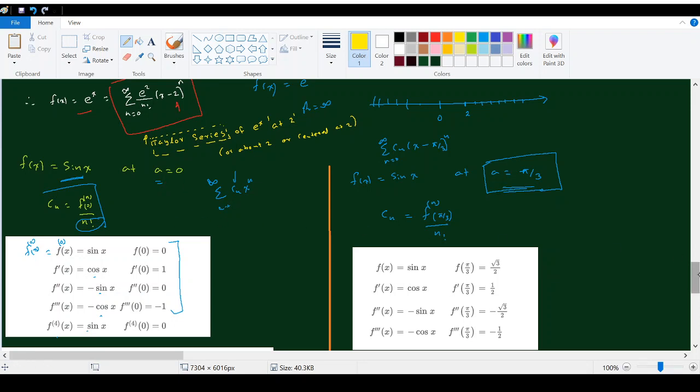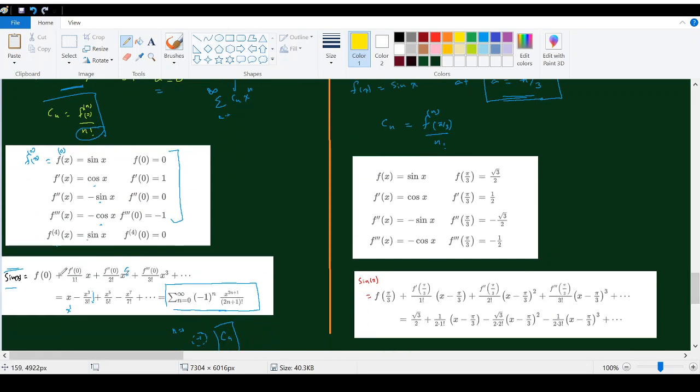So, you can either call this the Taylor series of sin x centered at 0, or else you can call this the Maclaurin series of sin x, because when you say Maclaurin series, you don't have to mention the center, because within that name itself the center is hidden, right? Like the center is obvious when you say the Maclaurin series. So only when you have a center of 0, you call it the Maclaurin series, or in general you can call this the Taylor series centered at 0, right?